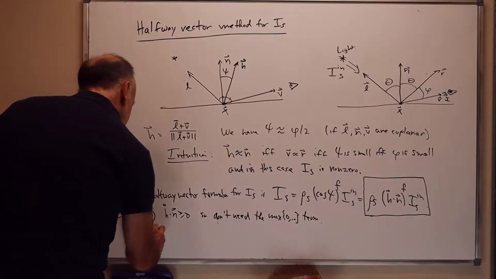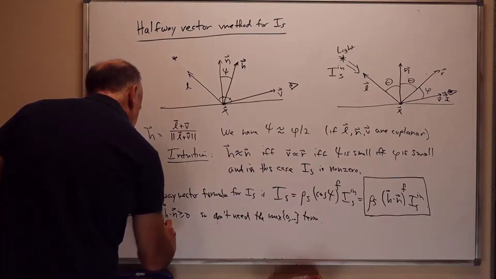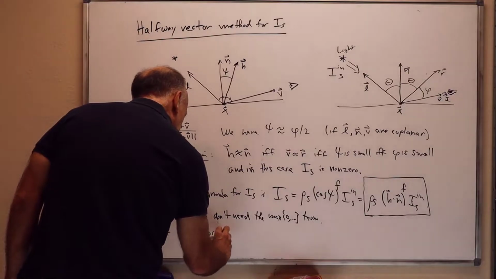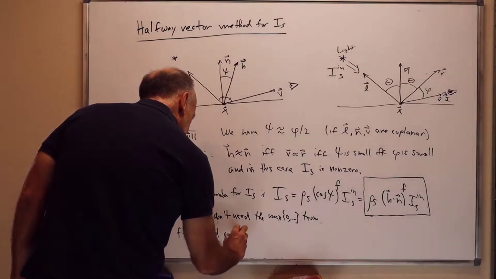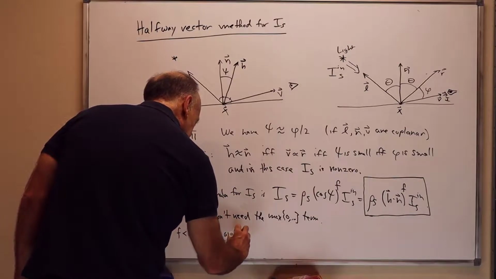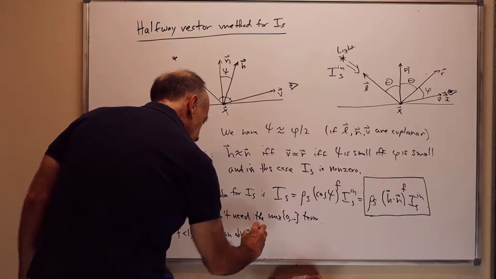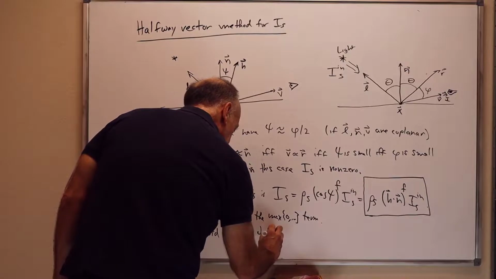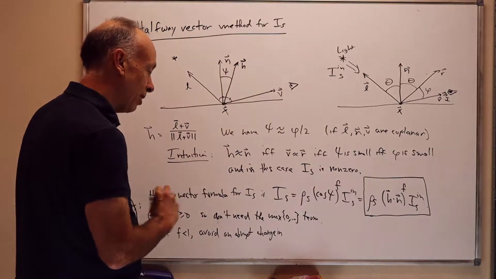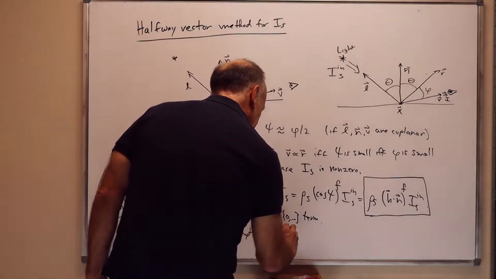Another slightly strange advantage is that if f is less than 1, we avoid an abrupt change in illumination levels. Actually, it's a change in the derivative of the illumination levels, but I'll just write it this way.